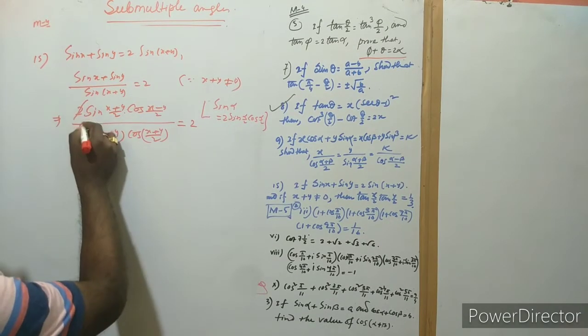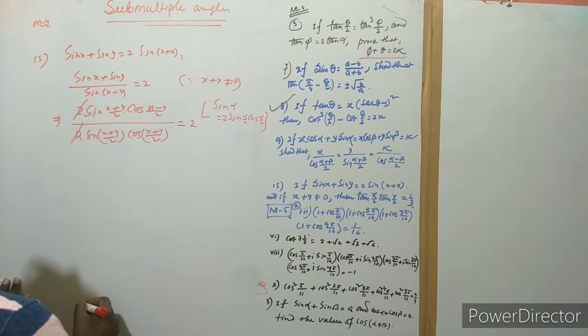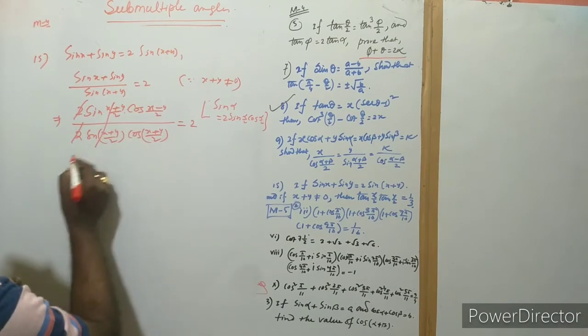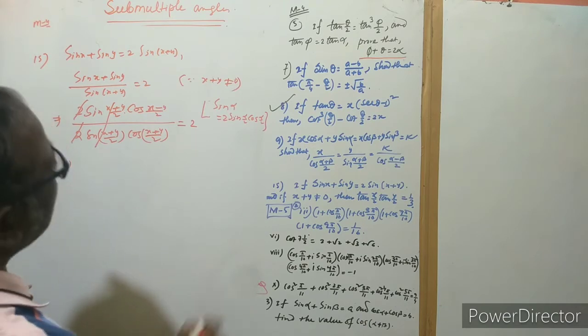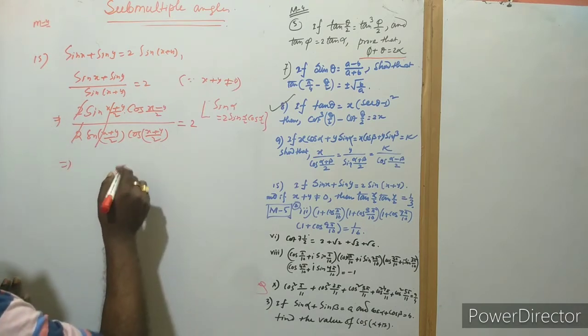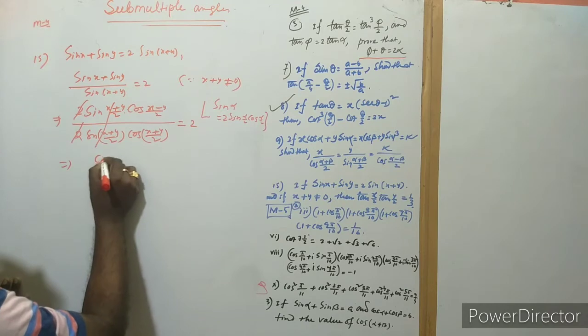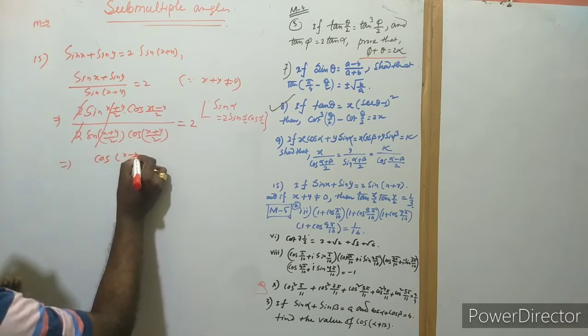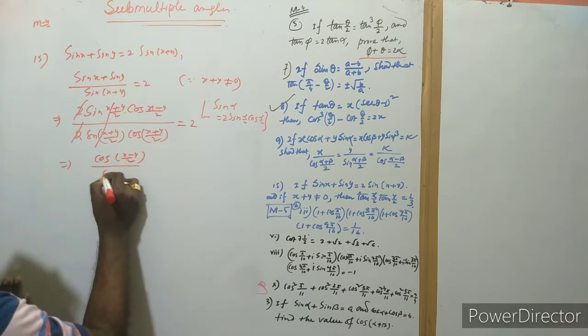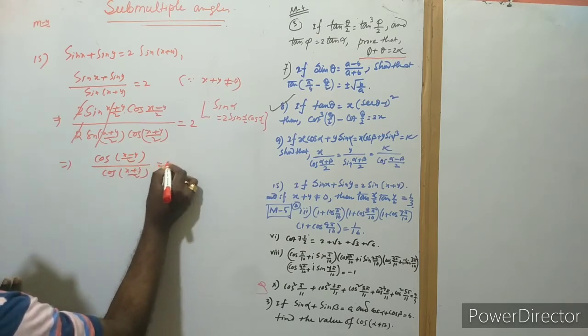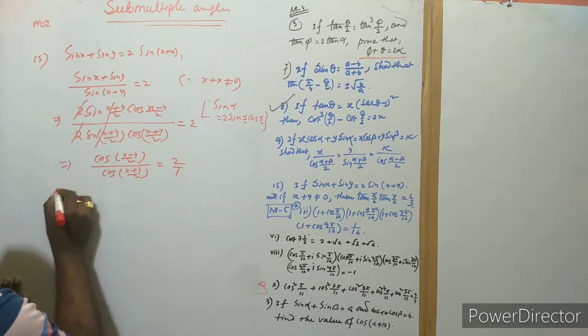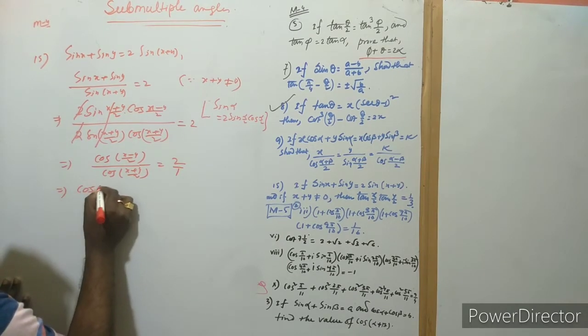Now see, these two are cancelled, and these here 2 sin are cancelled. Now we want to solve this: x minus y by 2 by cos x plus y by 2 here, and that is 2 by 1 here. So apply the rule, componendo and dividendo.